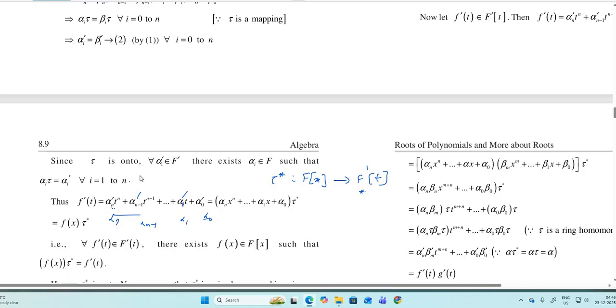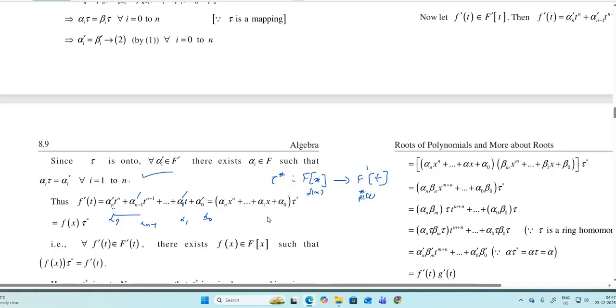So we can very well write this only because tau is onto. So you have this as the image of this under tau star. If you take that as say f of x, then because this is taken as f dash of t, it is the image of f of x under tau star. So for every element here you are able to find one pre-image, namely f of x in the domain.